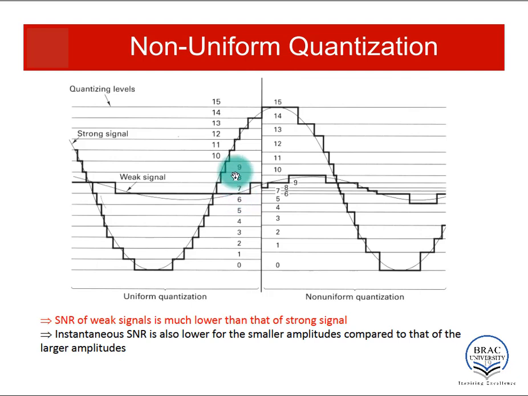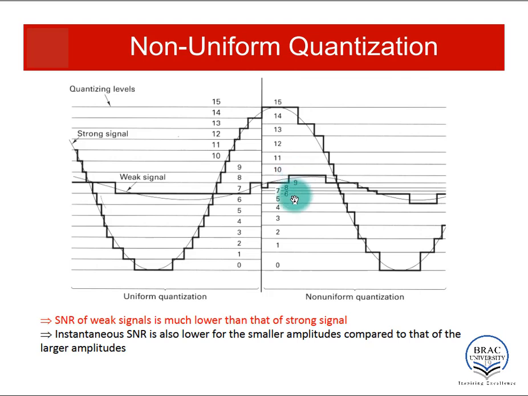On the other hand, in the case of non-uniform quantization, one thing you should notice here is that we are not increasing the quantization levels. We are not increasing the number of bits required. But this will perform better on the weak signal, because in this case, for the weak signal, we have quantization levels 5, 6, 7, 8, 9 and 10.